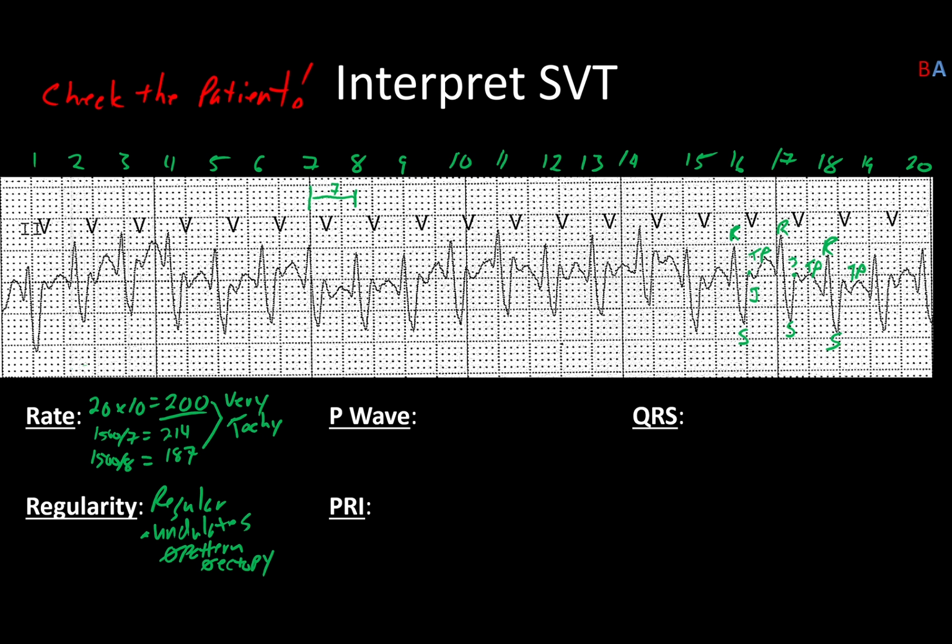And now that we know that no matter where we look, I'm just going to put marks above them, you really never see a good P wave anywhere. Someone could make the argument about maybe some inverted P waves after the QRS, and I think that's a perfectly reasonable discussion to have. And when the heart rate's this fast, without a 12-lead EKG, a true one to tell, you just can't. Either way, super fast.